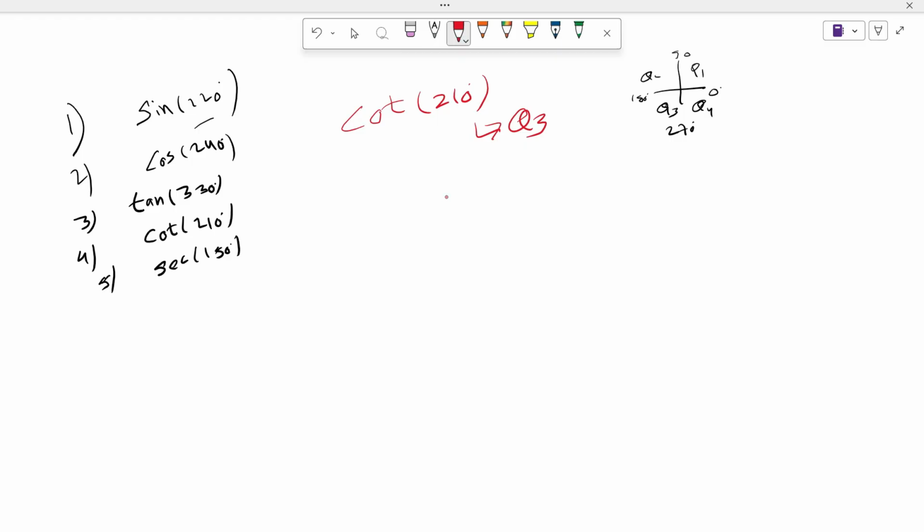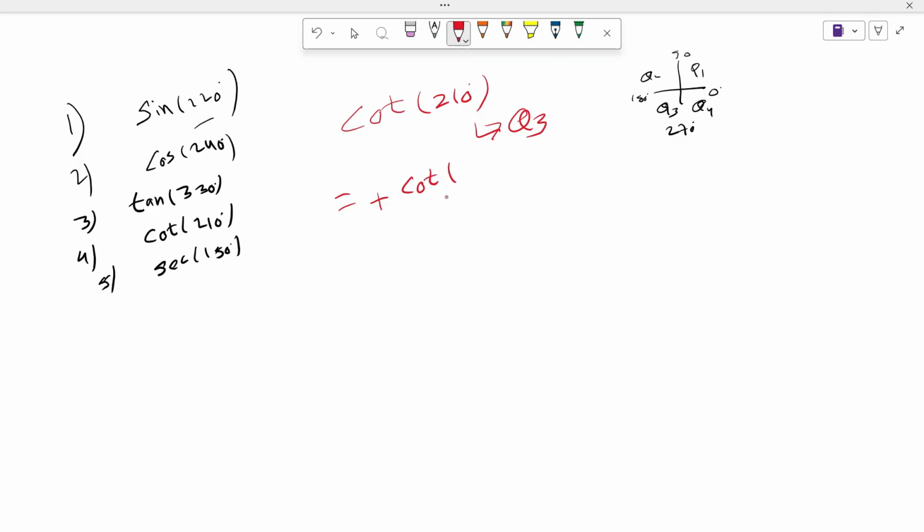By doing so, we get the resultant sign of this numerical. So in quadrant 3, which are positive? Tan and cot. So we got positive here because a cot angle is given. If tan is also given, you can take positive in quadrant 3.